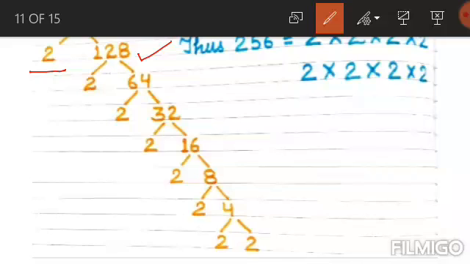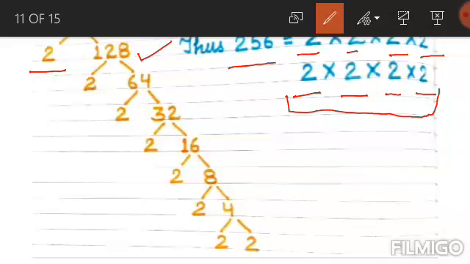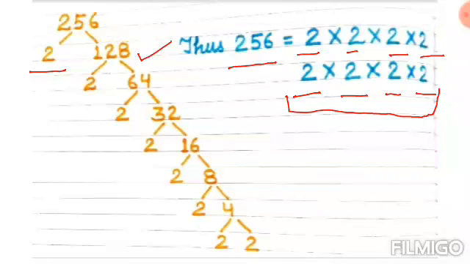After dividing, we get the product of prime numbers, that is 2, 2, 2, 2, multiply by 2, multiply by 2, multiply by 2 and multiply by 2. The product of these prime numbers is equal to 256.